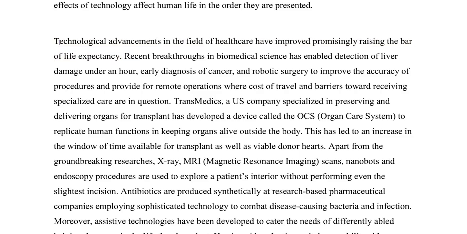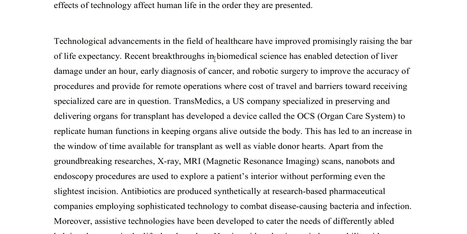Technological advancements in the field of healthcare have improved promisingly, raising the bar of life expectancy. This topic sentence says that we are going to dedicate this paragraph to talk about how technology has improved the healthcare system.